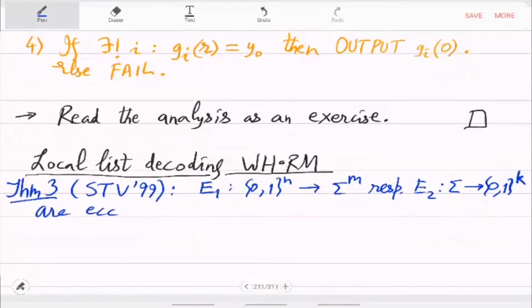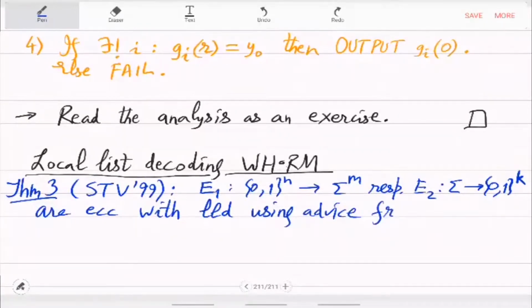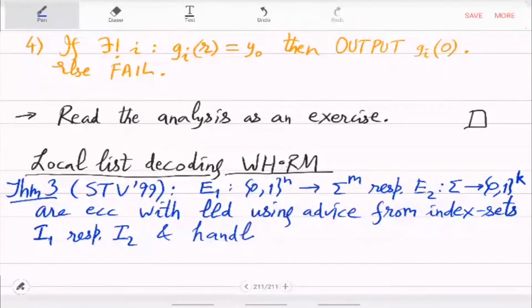So say these are error correcting codes with local list decoders using advice from index sets I1 and respectively I2, and handling one minus epsilon 1 and respectively half minus epsilon 2 errors.